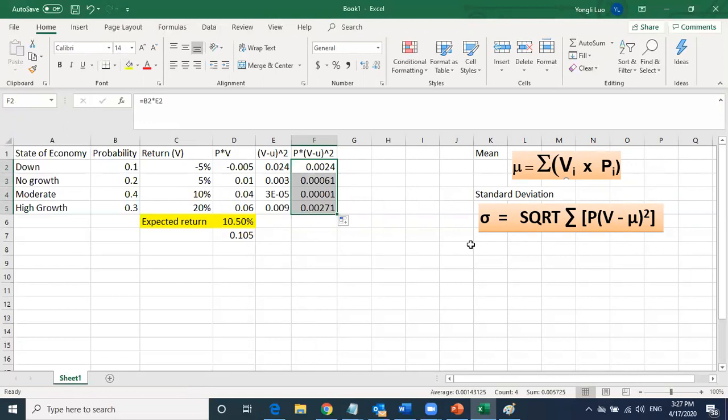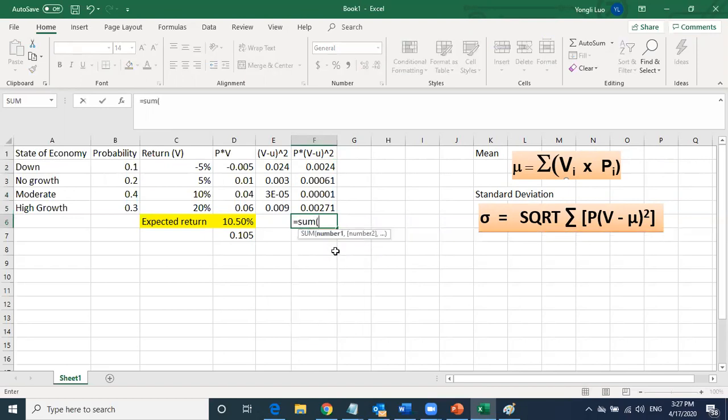Now you can see this part is already calculated. The sigma means you sum them up: the sum of those probabilities times the squared deviations.